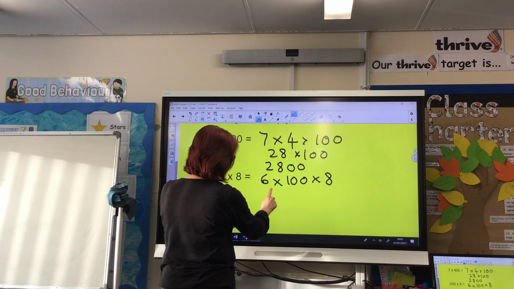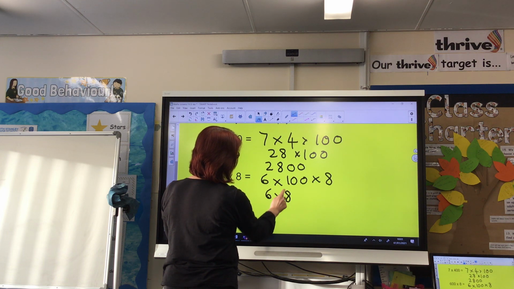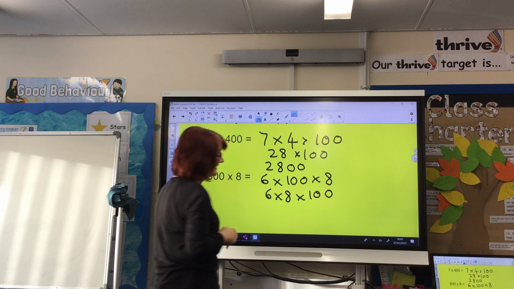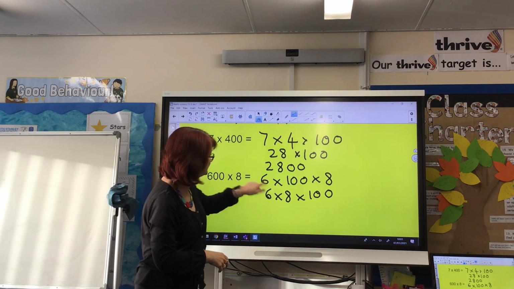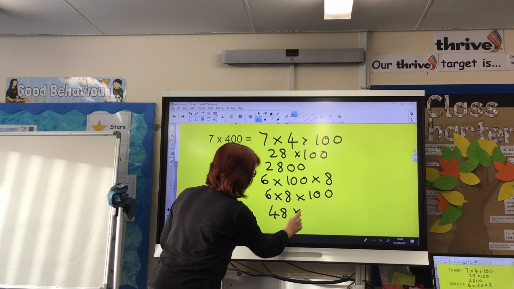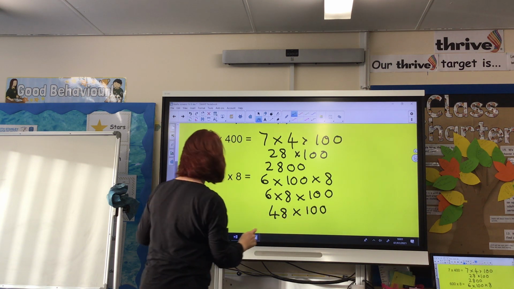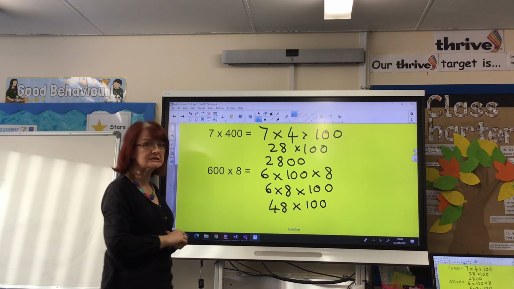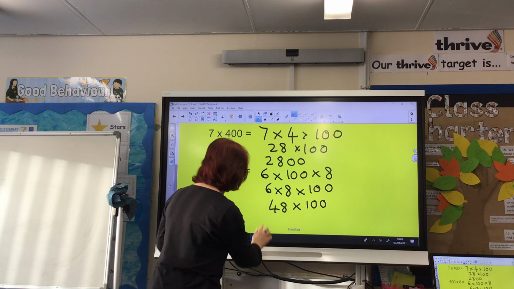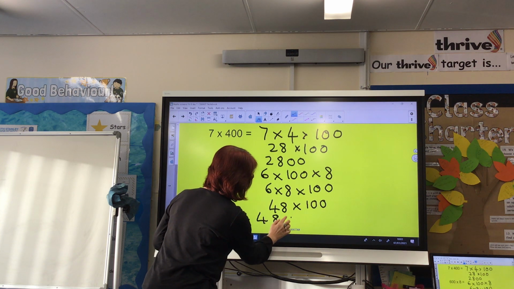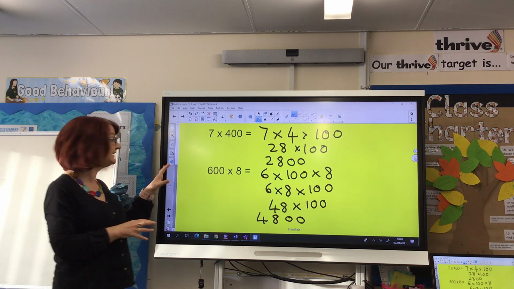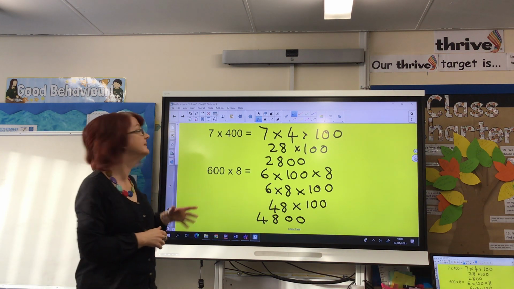So I'm going to pull my 6 8s together first, and then multiply by 100 because then I'm using my tables. 6 8s are 48, and then I multiply that by 100. 48 hundreds, 100 times bigger, is 4,800. You're going to need these skills today when we're multiplying.